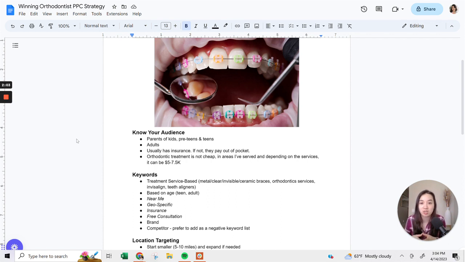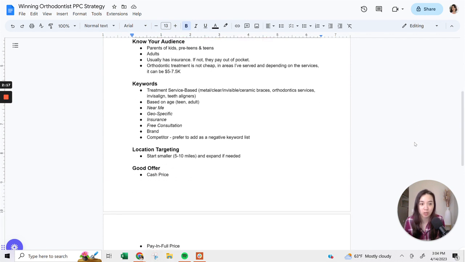If it's just a little bit of correction, it could be a lot less. But typically, if we're going for a full-blown orthodontic treatment, it falls within that range. And those are for the areas that I've served, which are big metropolitan cities.